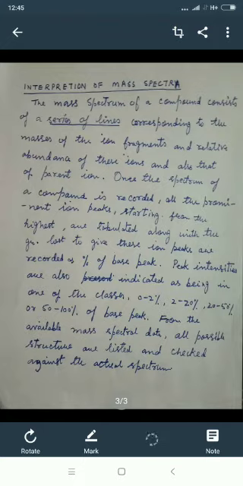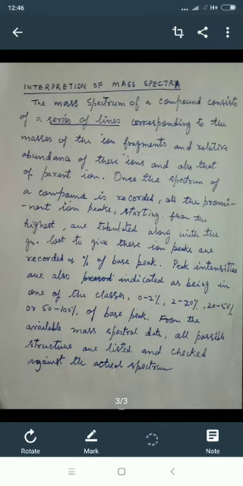Now, once we get the spectrum from the recorder, how can we interpret the mass spectrum? So, the next topic is the interpretation of mass spectra. The mass spectrum of a compound consists of a series of lines corresponding to the mass of the ion fragments and the relative abundance of these ions and also that of the parent ion.